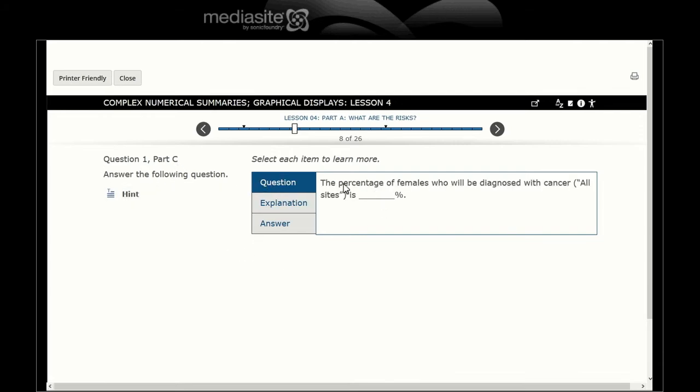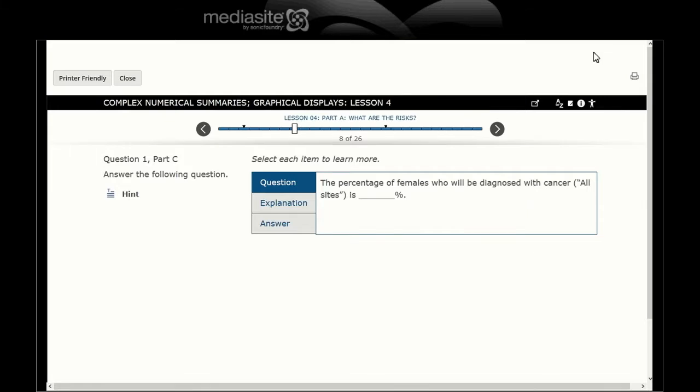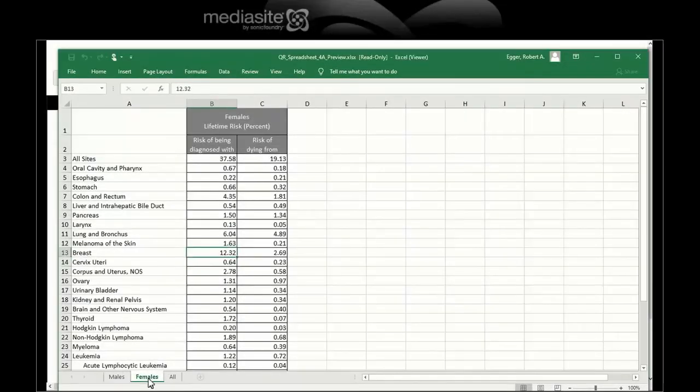Okay. Percentage of females who will be diagnosed with cancer, again all sites. We need to make sure we're on the female tab. Remember it said female, all. So let's go to female, all sites.